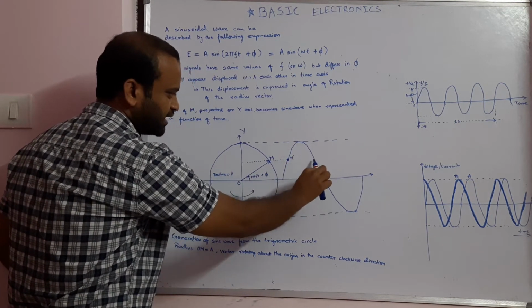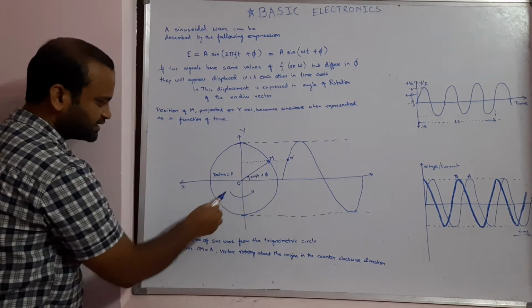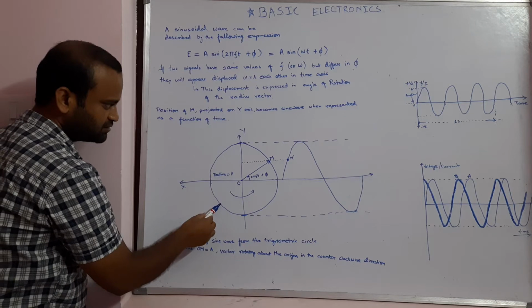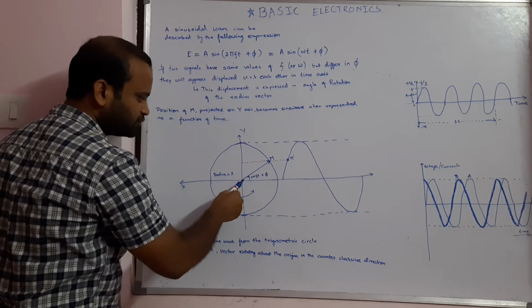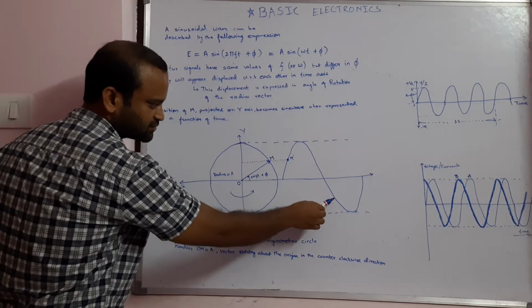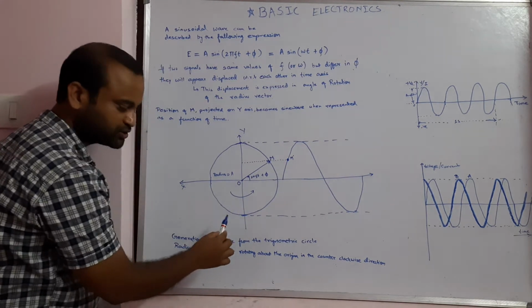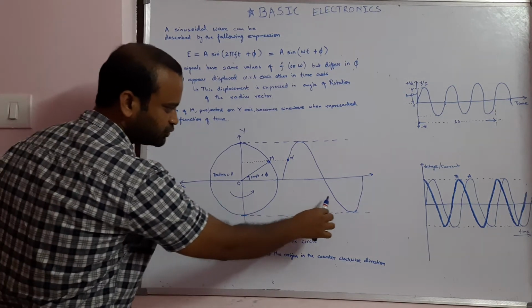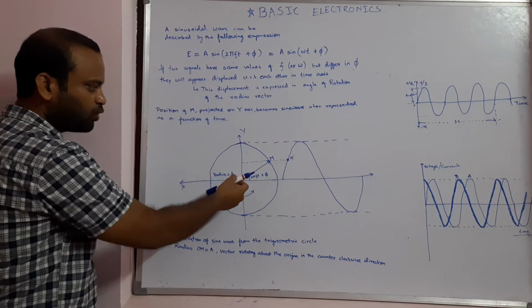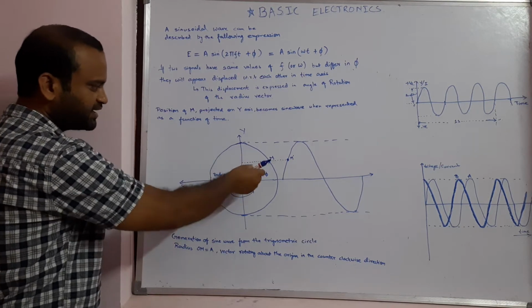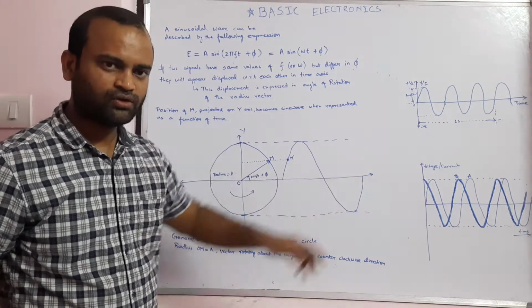Similarly, when this OM reaches here, you can see the amplitude is further reduced in the negative axis. If you project this point, the amplitude is here. The same way, by rotating this OM radius vector on the trigonometric circle, you are generating a sine wave. Hope it is clear.